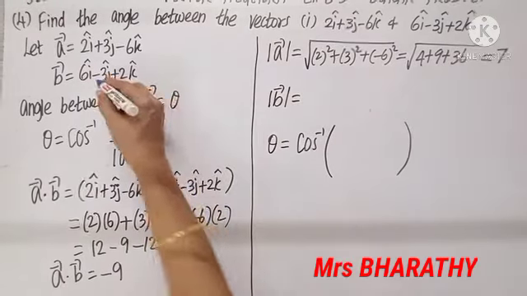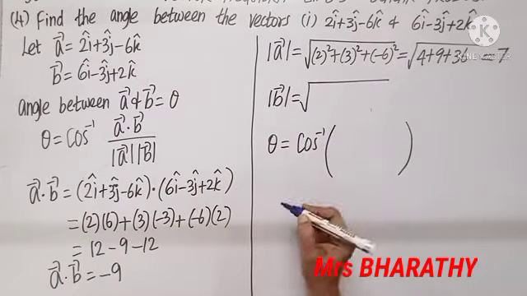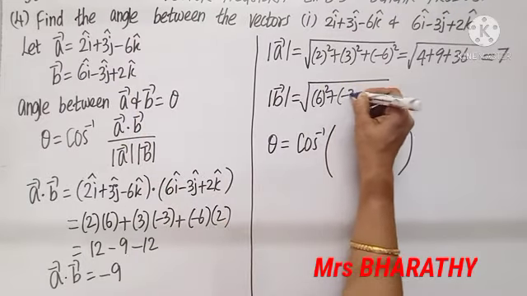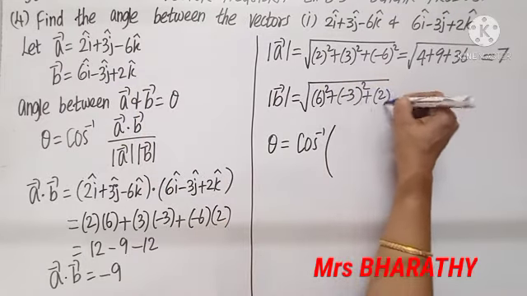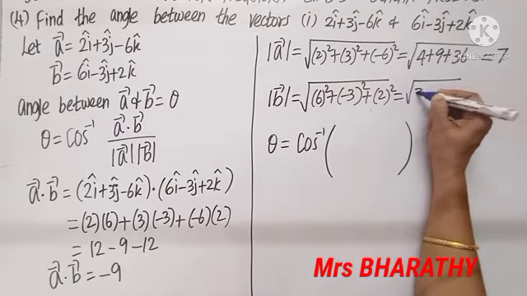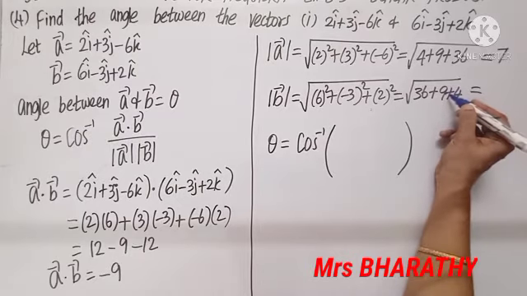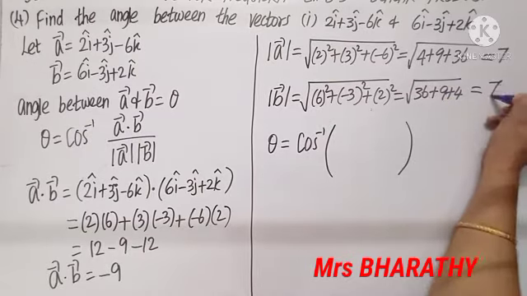As we proceed on to modulus of B, again squaring and adding, 6 square, minus 3 the whole square plus 2 the whole square. It is 36 plus 9 plus 4. It reduces to 49. The square root is 7.